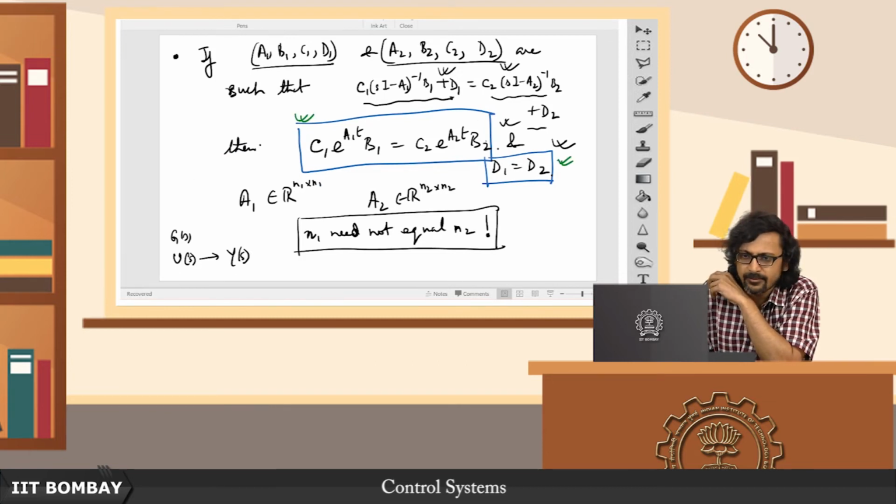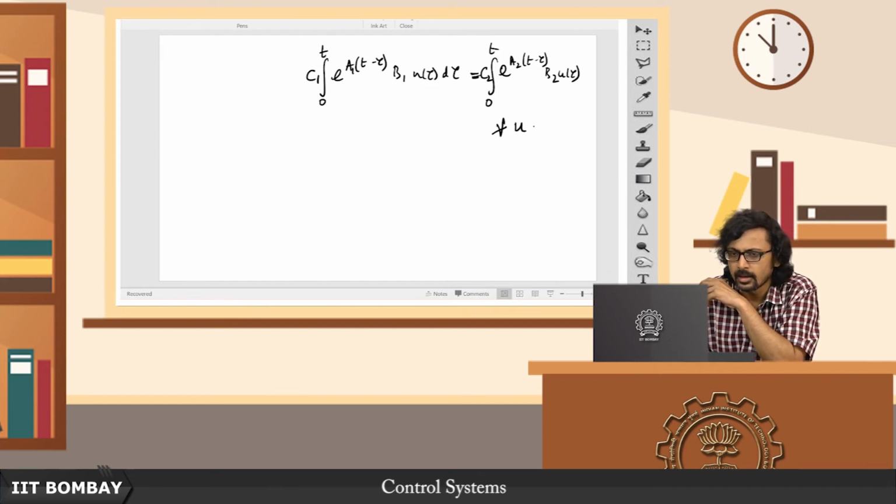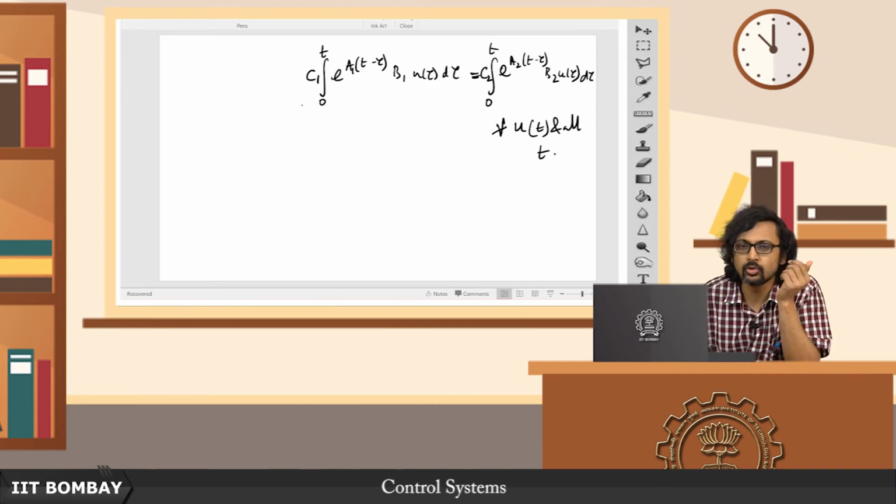So now once I have shown that this part is equal, then it just stands to reason that the other part is equal for all u(t) and all t, right. So this has to be true, because the other part is equal.